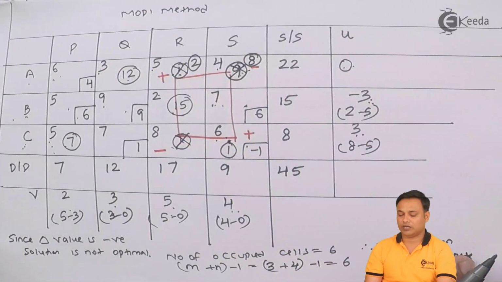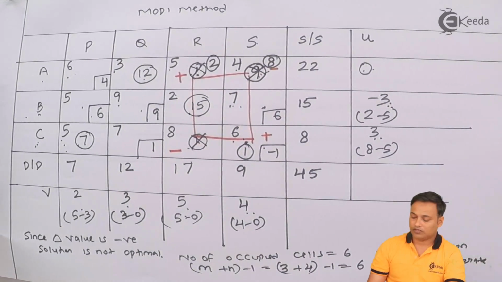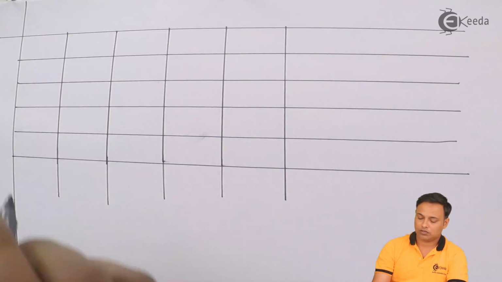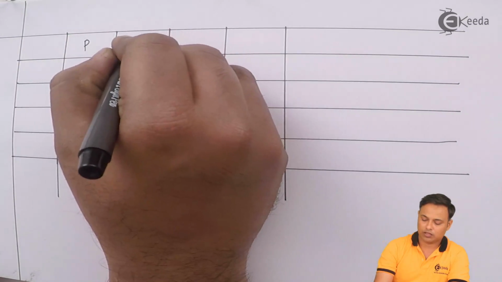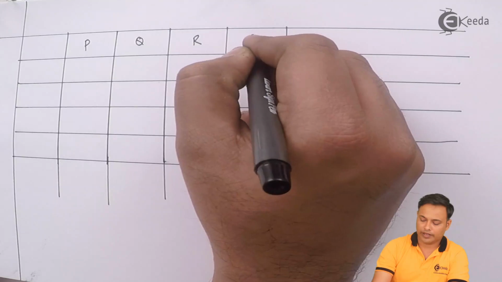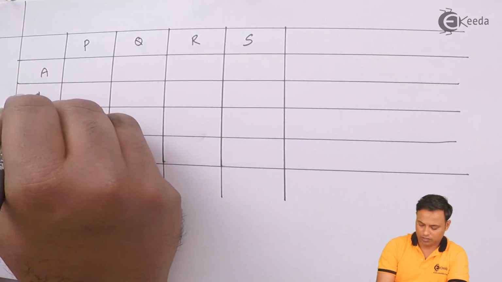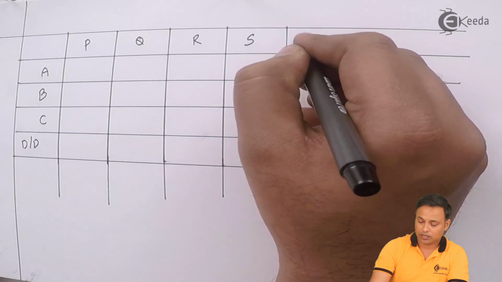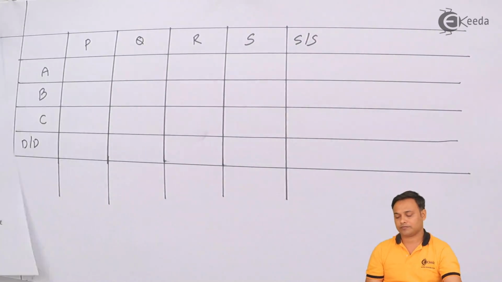Here I will copy the same table again with the improved solution. So we have P, Q, R, S, we have A, B and C. Here is my demand, here is my supply.